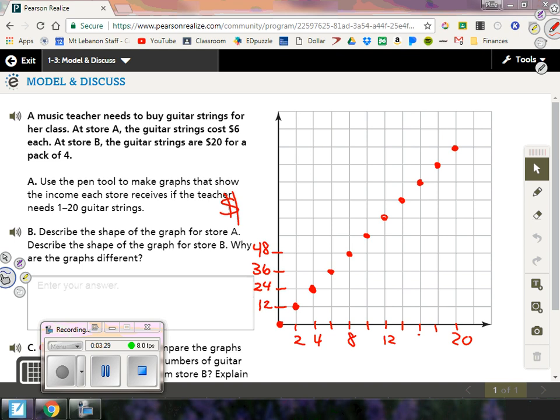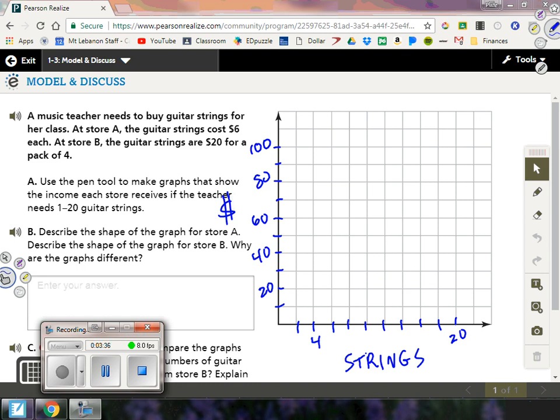For the graph on the right, I'm going to clear the screen and start over. So give me a second to do that. All right, my scale's magically appeared. If you're watching this from home, we have the strings going by 2s, going up to 20, number of strings that she needs. And on the y-axis, we have the scale going by 10.